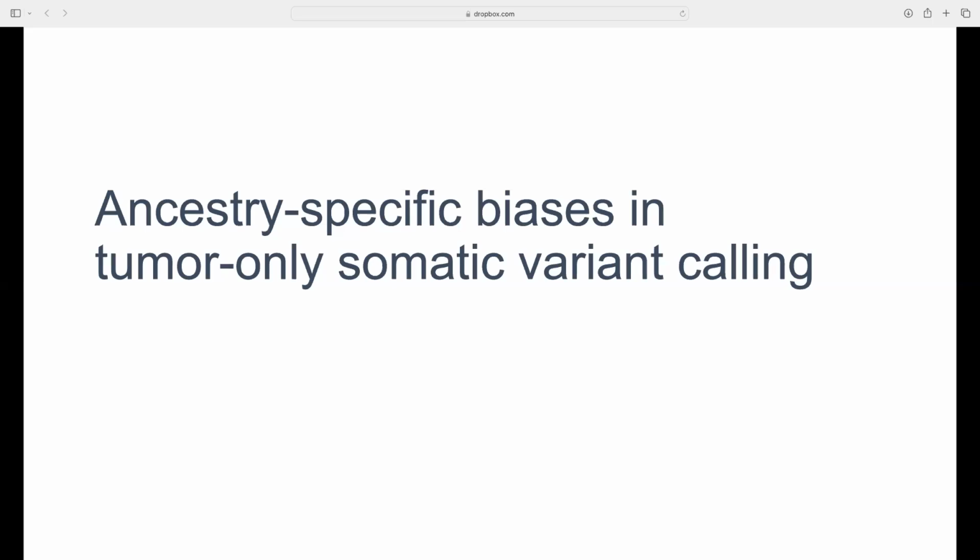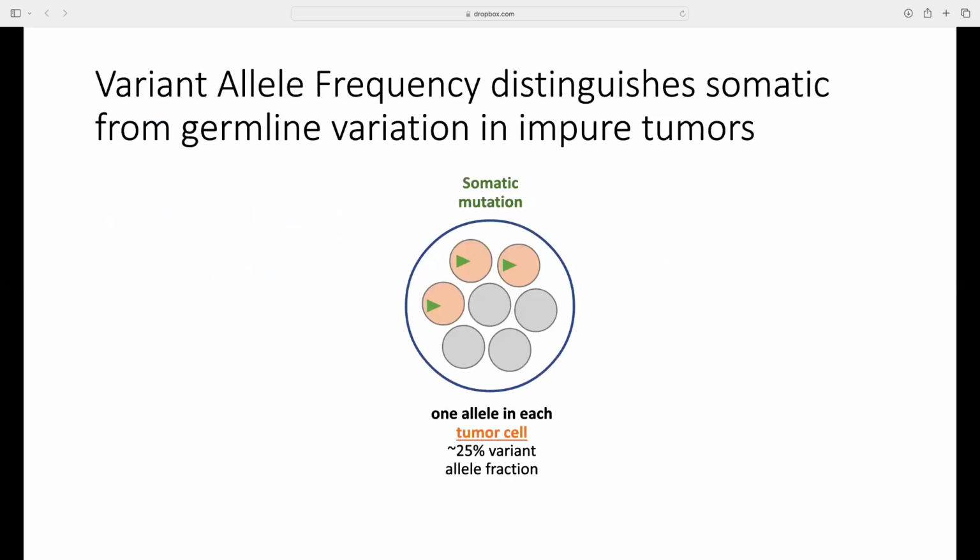And so to understand where ancestry fits in here, it's important to first understand how we actually do somatic variant calling and TMB estimation in these clinical sequences.